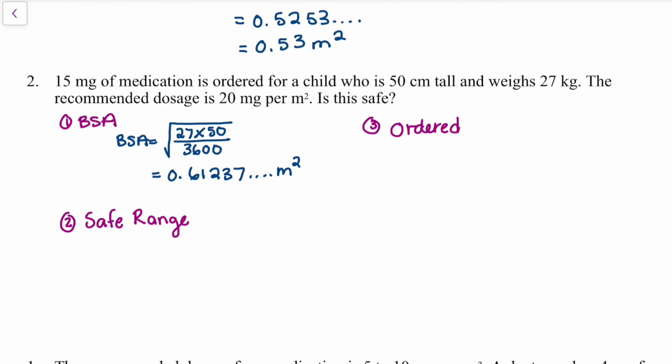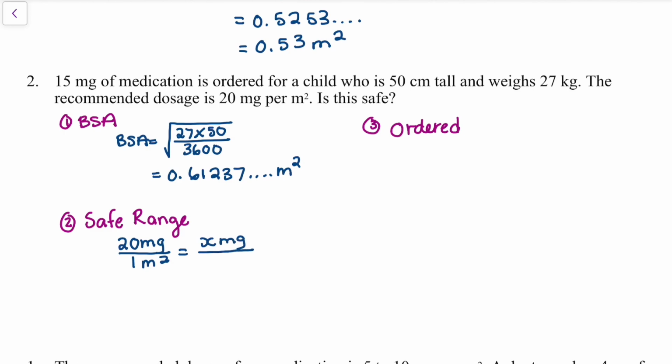So the safe range is, in this case, it just gives us that 20 milligrams, but I can go up or down by 10% is our general rule if they don't give us a range. Okay, so for this child, I have 20 milligrams per 1 meter squared.